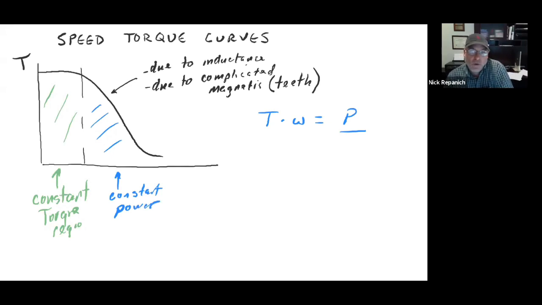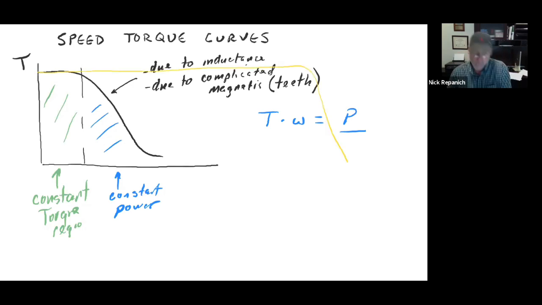Now later on, I'm going to draw this really quick, and then I'm going to erase it, just so you have it. If I had a servo, like we'll do later, the speed torque curve of a similar size motor would probably look more like this.